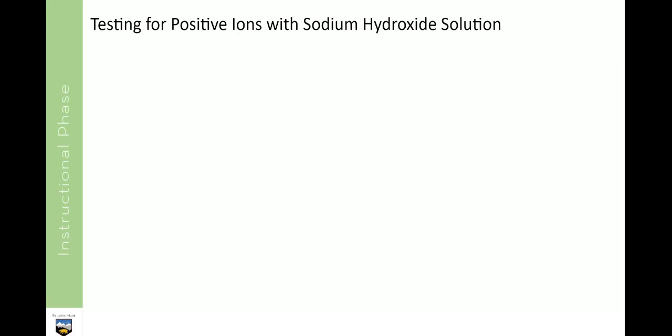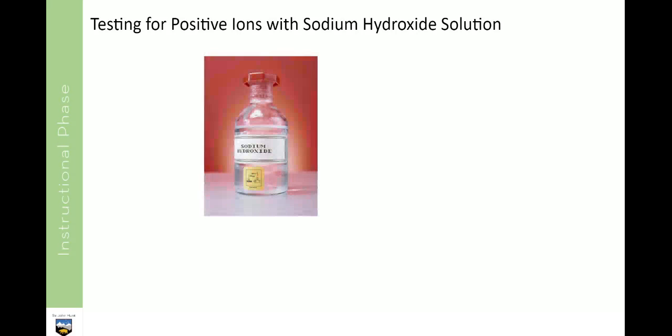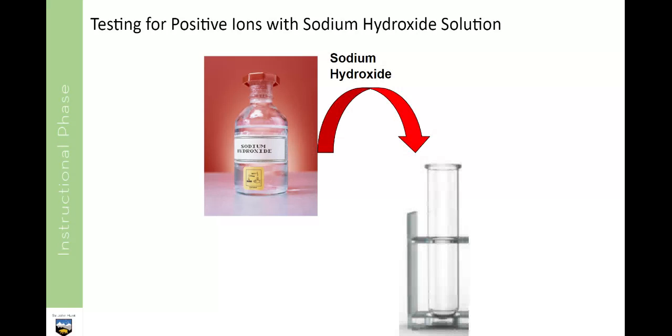So, testing for positive ions with sodium hydroxide solution. How do we do it? So, we get some sodium hydroxide solution. We use roughly about a pipette or 5 to 10 centimetre cubed, and we add it to a test tube. So we've got a sodium hydroxide solution in a test tube.